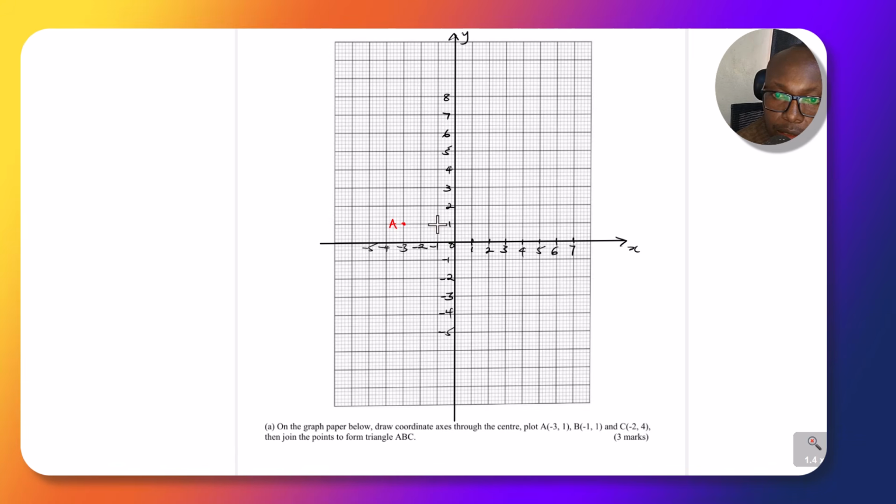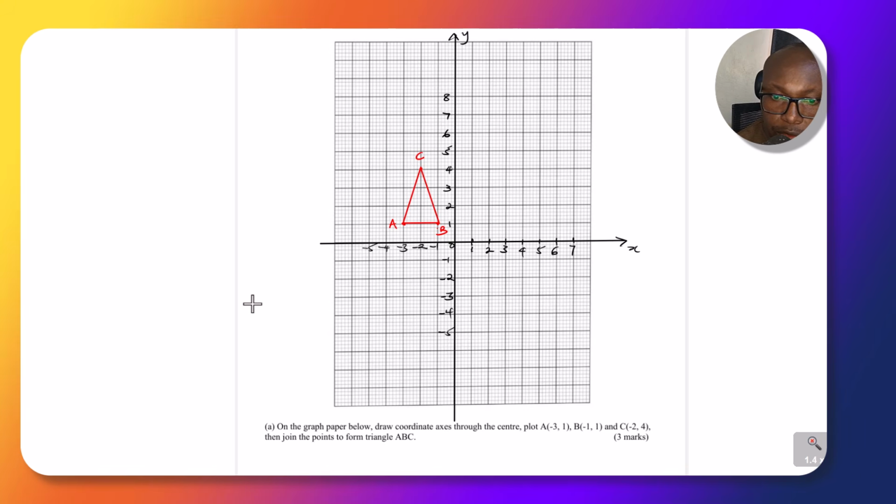B is here. And then C (-2, 4). C is -2, 4. So it is there. Then, of course, from there you can join them, and you form the triangle like that.